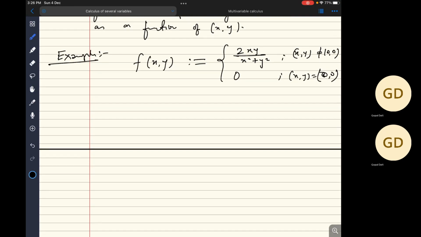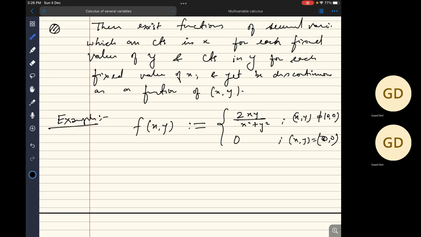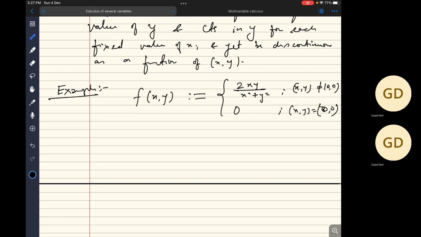What we will show is that for any fixed value of y, the function is continuous in x, and for any fixed value of x, the function is continuous in y. So let us see this.